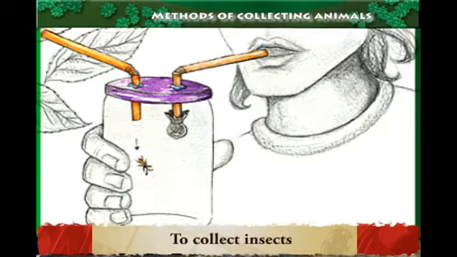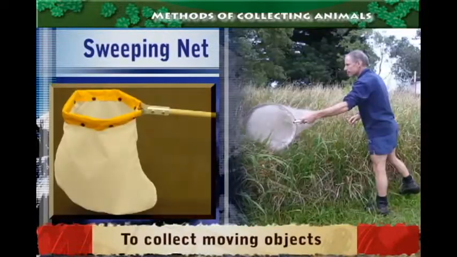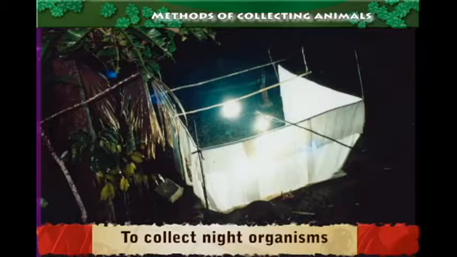Then we can use a butterfly net for organisms that are flying. Then we can also use a sweeping net for those that are on the ground, and a light trap for insects that move at night.